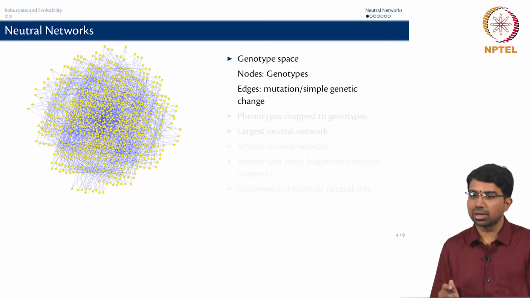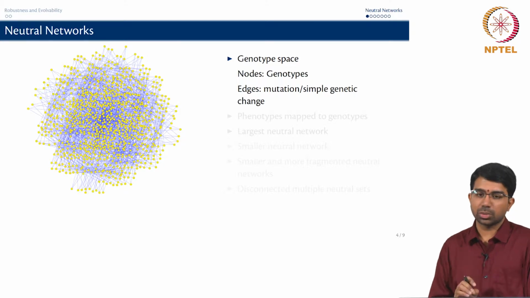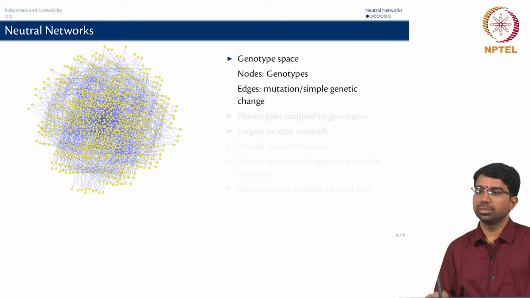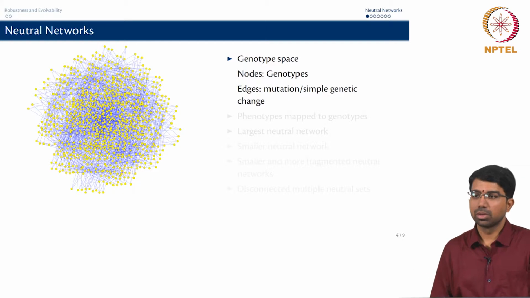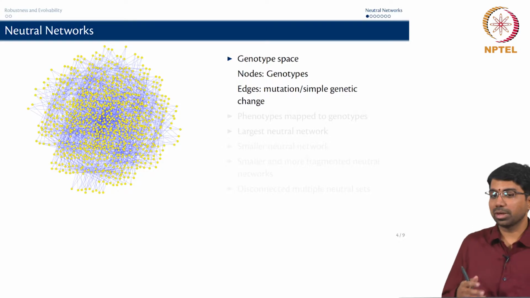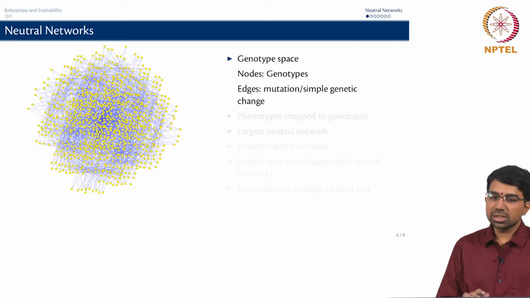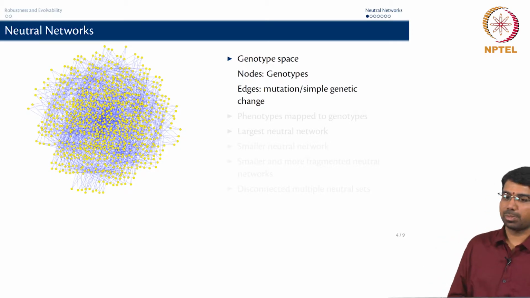So, you will have a regular graph wherein there are 1024 nodes, each with 15 outgoing edges. The total number of edges will actually be 1024 into 15 by 2, because you will have them both ways, right. That is going to be a reasonably dense graph, might look somewhat like this. This is nothing but the genotype space.